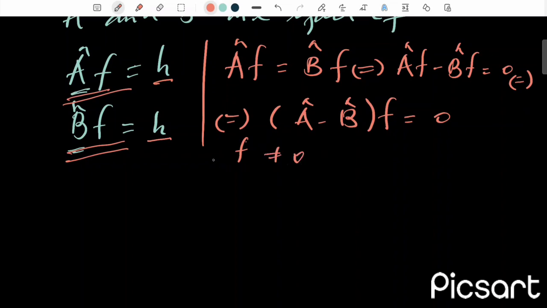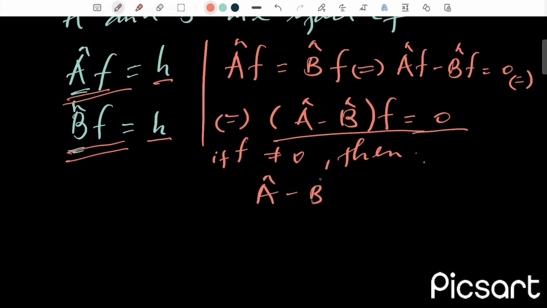If f is different to 0, then this expression means that A minus B is equal to 0, so that we have A equal to B.